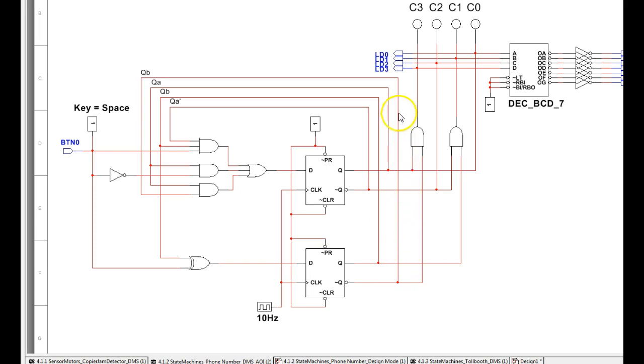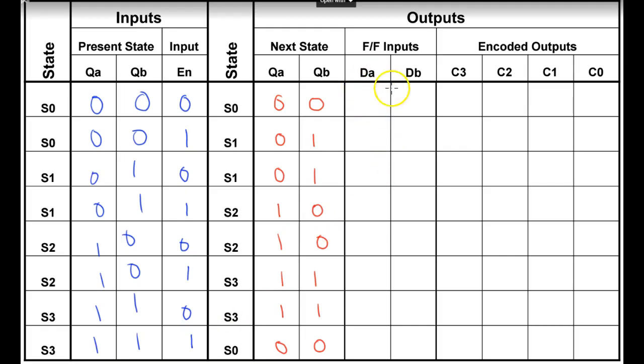A lot of this is getting passed back into our data in. So we're taking what's coming out of the flip-flop and passing it back into the very beginning of it. It's helping us transition from one state to the next. So that's what this next set of columns is about.